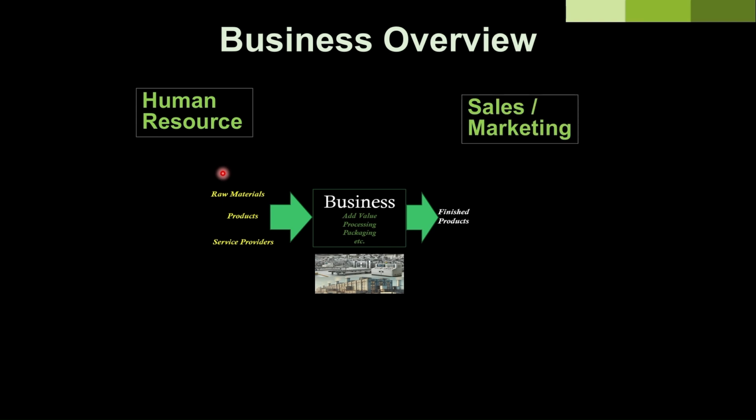And because you're producing products, and these products have to be sold in order to generate revenue for the business, then you equally need to have a sales and marketing department that will be directly responsible for finding markets for these products in order to enable sales deals to happen.